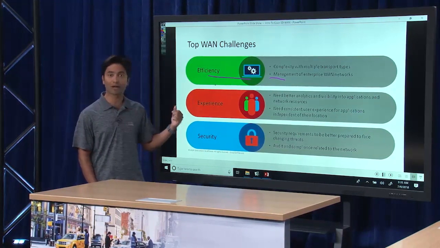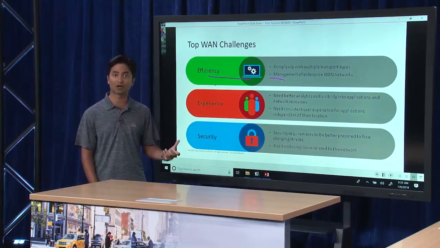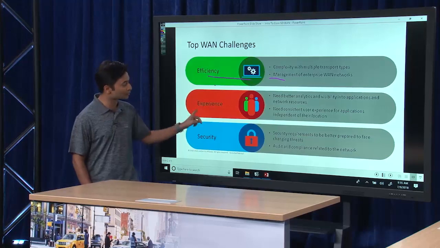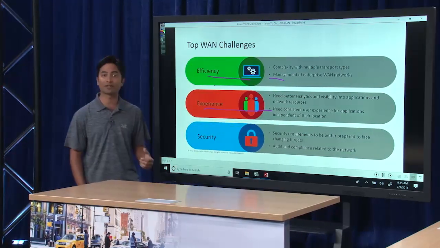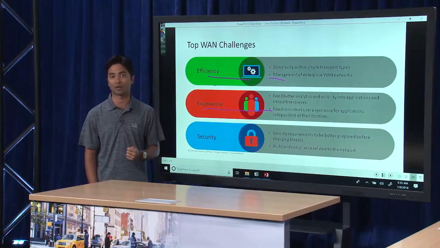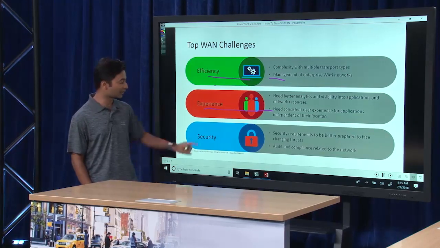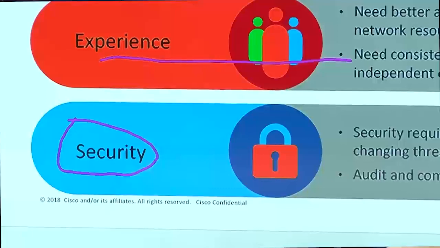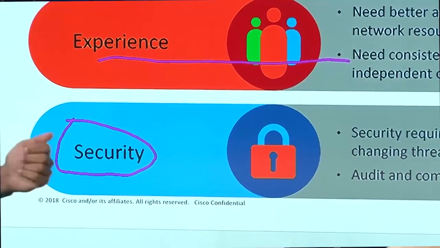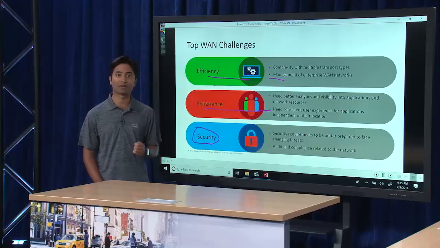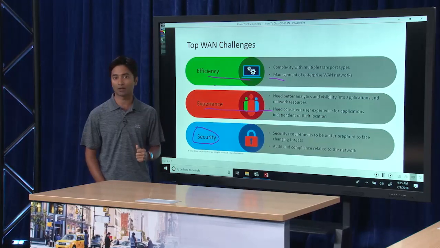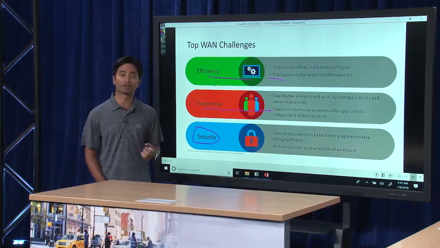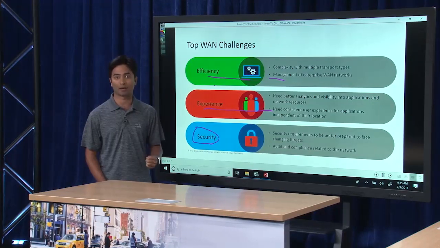So the network now needs to be intelligent and smarter about providing that quality of experience, as well as being able to provide visibility into what's happening with the applications in this environment. And then finally, security. This is a huge factor. Every enterprise, every customer, every entity needs to have strict controls for audit and compliance, as well as be able to mitigate existing and ongoing evolving threats in the networking landscape.